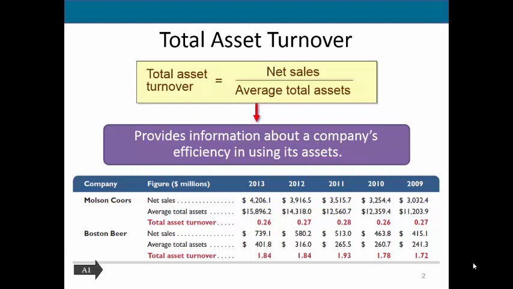Because if you have all kinds of assets but you're not producing sales, you are not efficiently using your assets. So just to get an understanding here, you want your net sales to be higher, and then of course the more sales you can make with the less investment, the better off you're going to be, the more efficient you're working with the assets that you do have on hand. So it's safe to say that the higher the total asset turnover is, the more efficiently a company is using its assets.